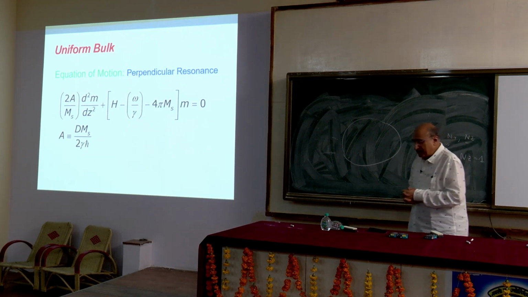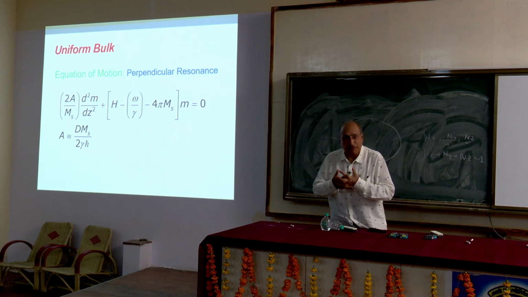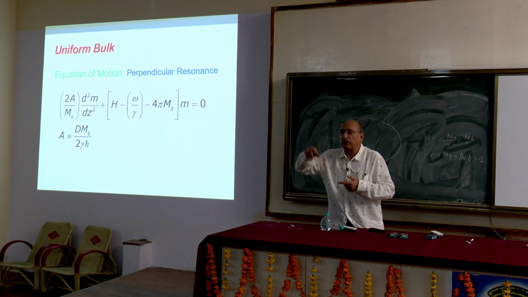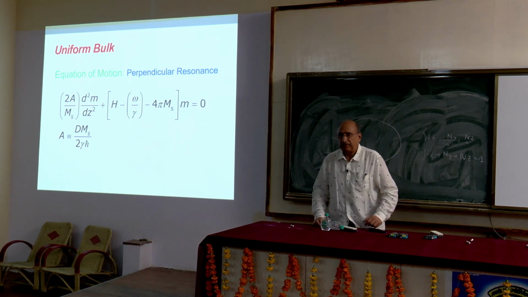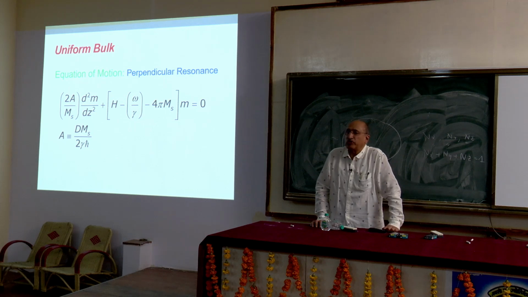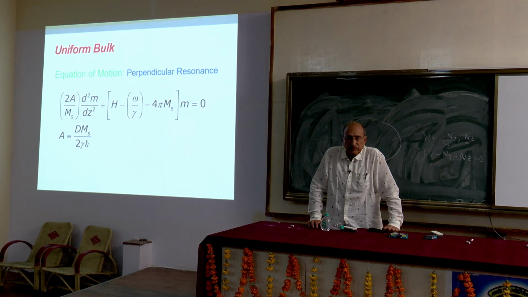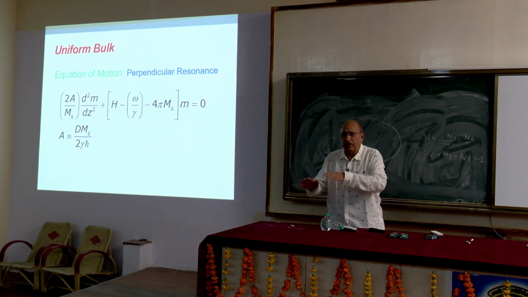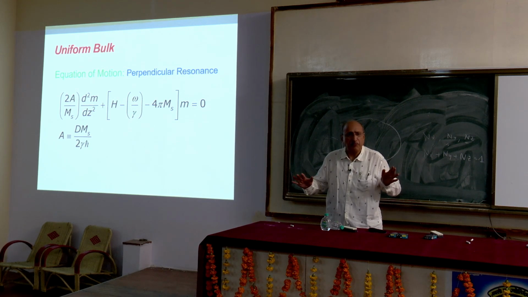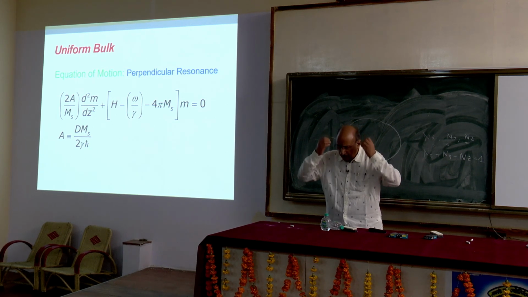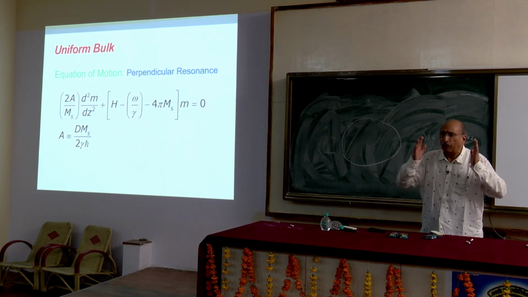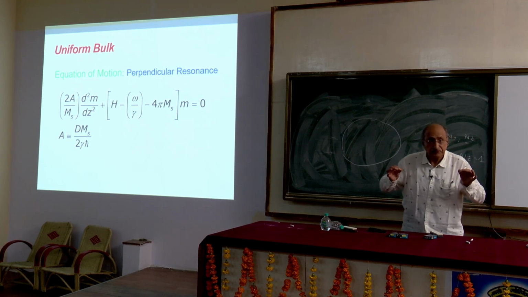And D, as you know, is the exchange stiffness constant. If you take the dispersion relation of magnons, at low values of k it will be of the form ħω = Dk². The concept of dispersion relation is very simple, and it is one of the most fundamental things in condensed matter physics, because whenever you apply a boundary condition, it is applied in real space.